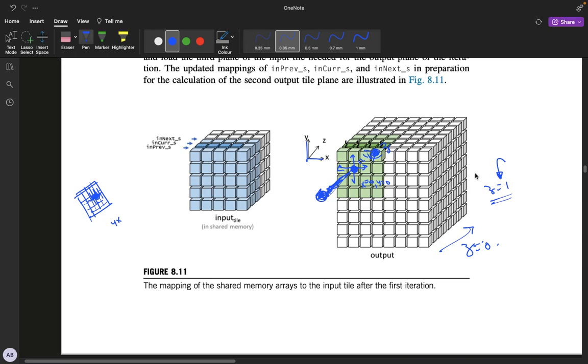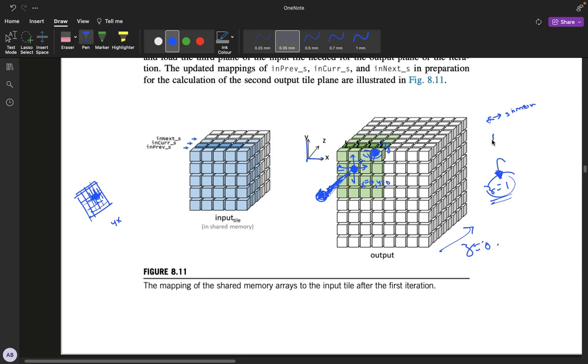But what if we just loaded the data at x equal to 0, y equal to 0, z equal to 1 into a register for this thread instead of using shared memory? Even then there'll be just one global memory transfer, right? Because earlier there was a global memory transfer from global memory to shared memory, and then we are using the shared memory to do the computation.